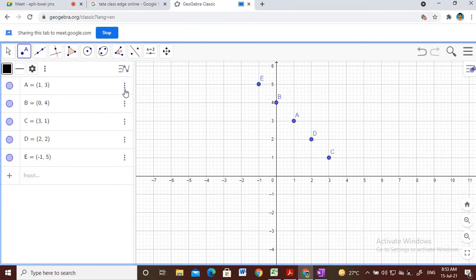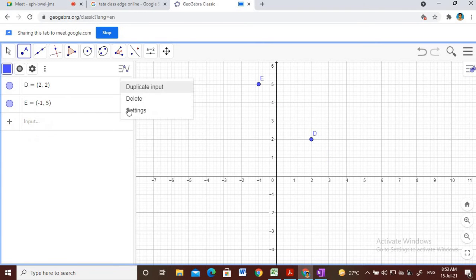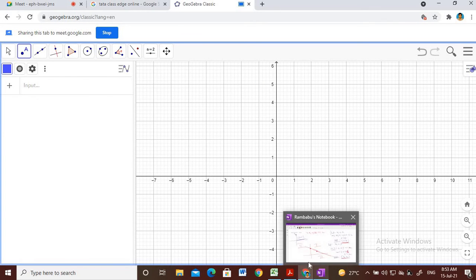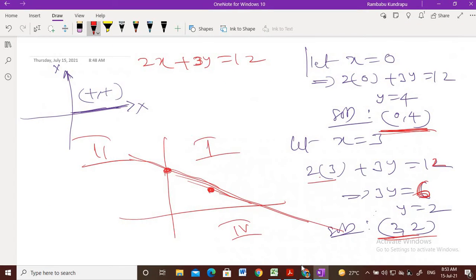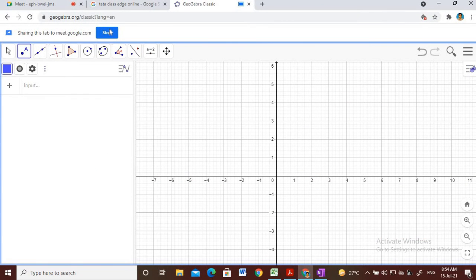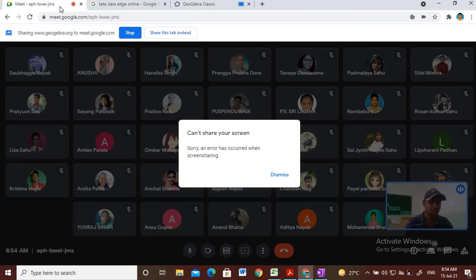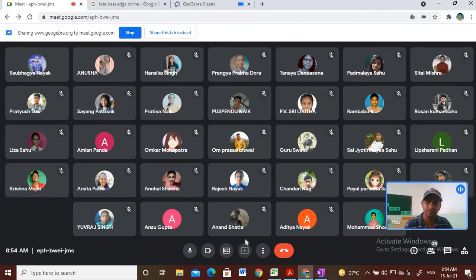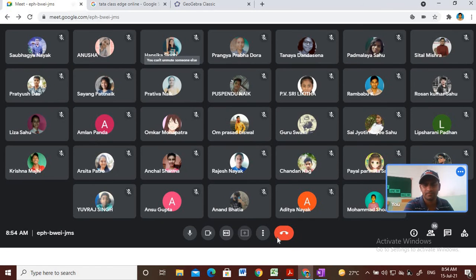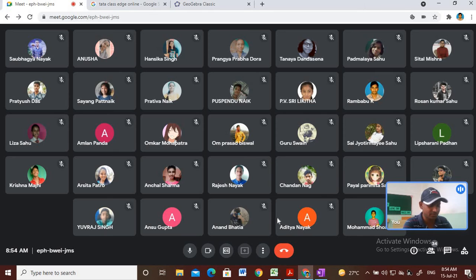See, here I am deleting all this. When you type an equation here, this GeoGebra will give the graph of that line equation. Put in any equation and you get its graph, because this is the application.